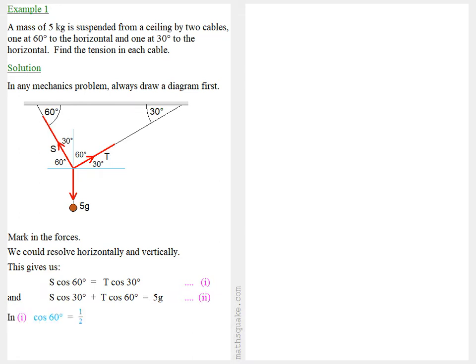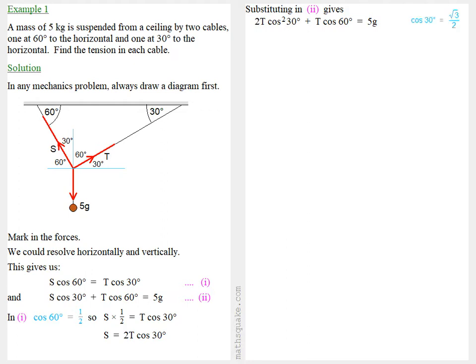Now the cosine of 60 degrees is a half. So in 1 we've got S times a half equals T cos 30. And if we double both sides, we get S equals 2T cos 30. And if we substitute that into equation 2, that gives us 2T cos squared 30 plus T cos 60 equals 5g.